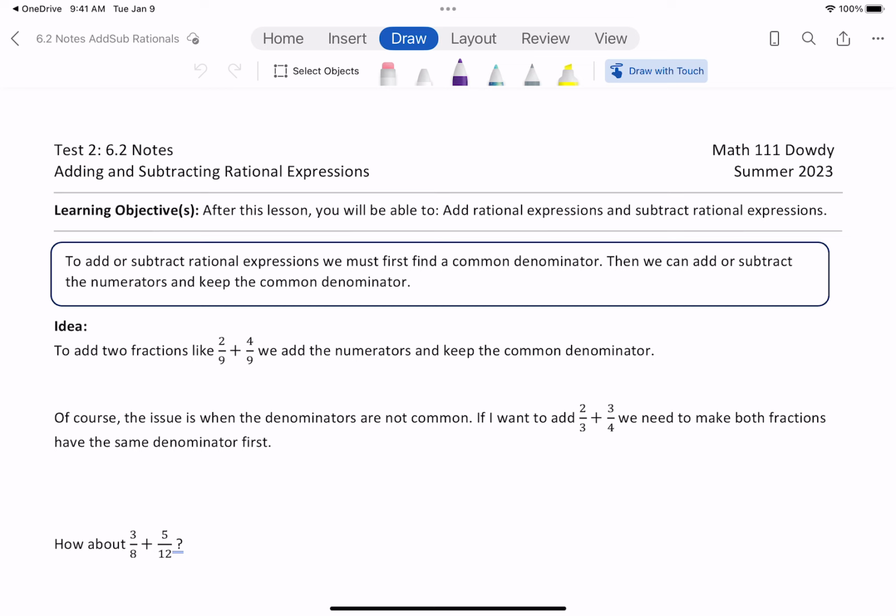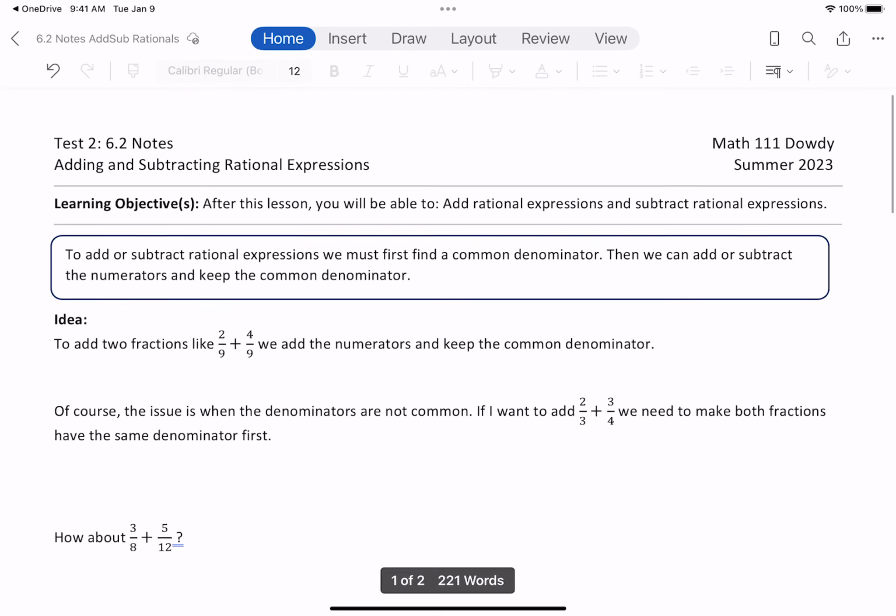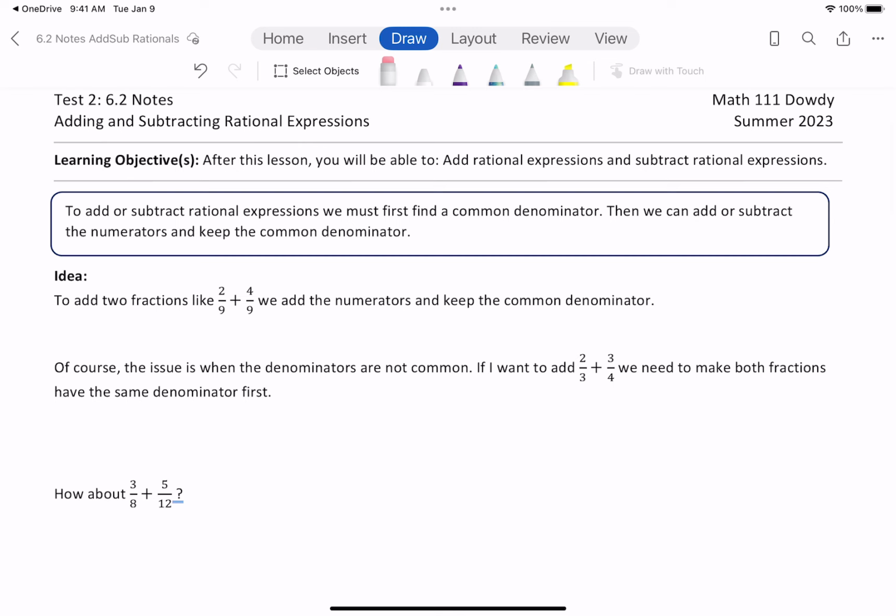Alright, the second lesson for test 2 is adding and subtracting rational expressions. And of course, the main concern for this section will be pretty much the same as it was for adding fractions.